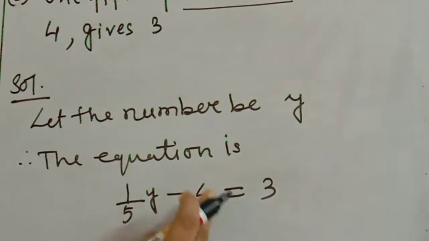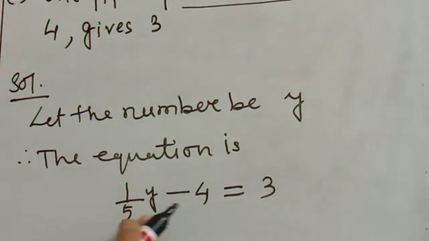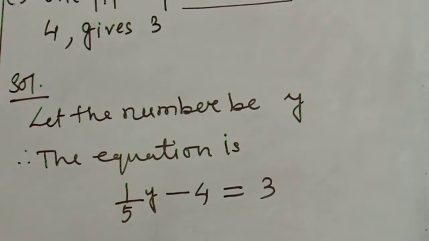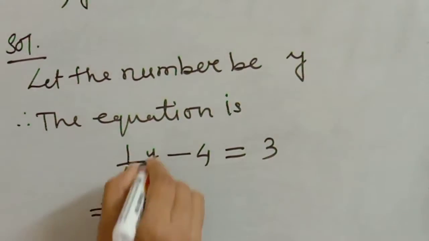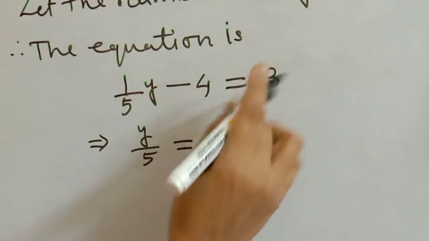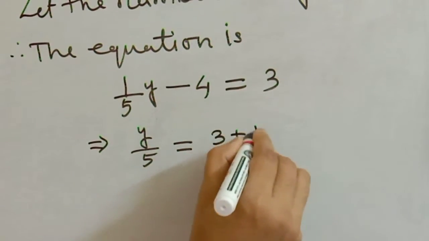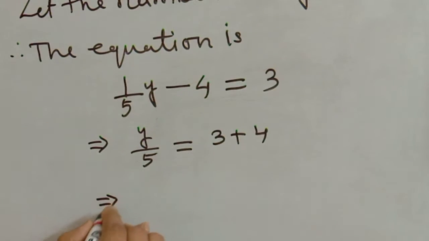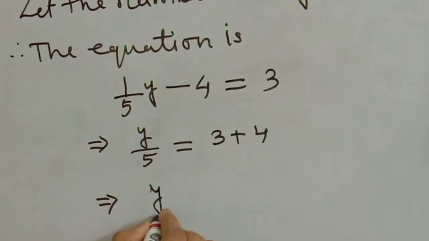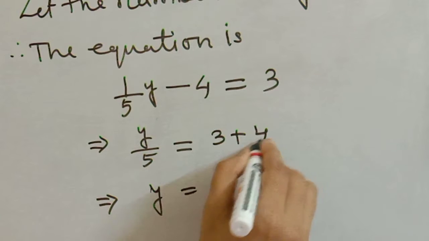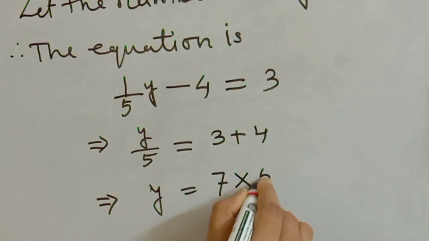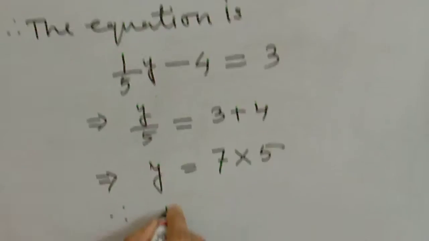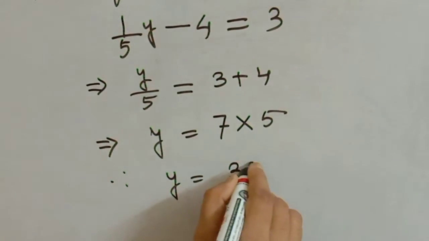So this is the equation and you need to find the value of y. To solve means you have to find the value of the variable. Now 1 into y means y by 5 is equal to, transposing 4 to the right side, 3 plus 4, 7, and 5 was in the denominator, so multiply it. Therefore, y is equal to 35.